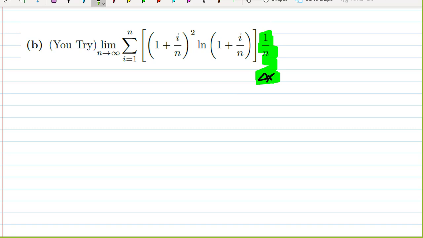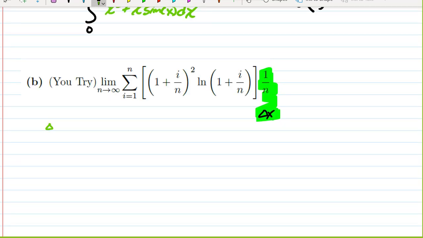1 over n. So then that gives us that delta x is equal to b minus a over n, which is the same as 1 over n. And then we have our x sub i, which we know is a plus i delta x, has to be the same as what we have inside here.